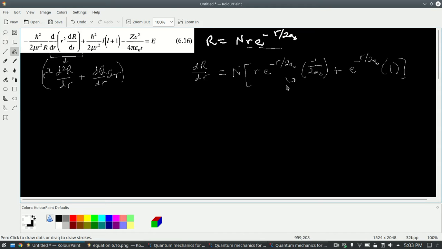Okay, now I'm going to factor out this guy. I'm going to factor out the pink part. So this is now n e to the minus r over 2a naught. Factoring is really just dividing by stuff and putting it in the front.